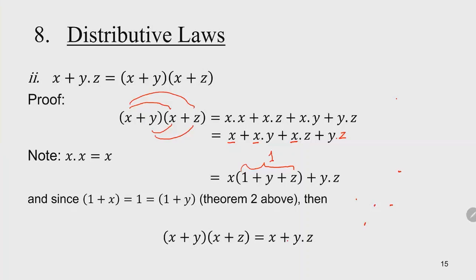And then x and with 1, that is going to give us x. Again, this is one of the laws earlier on. And therefore, this ends up with x all with y and z. Okay, so this proves this second point of our eighth law.